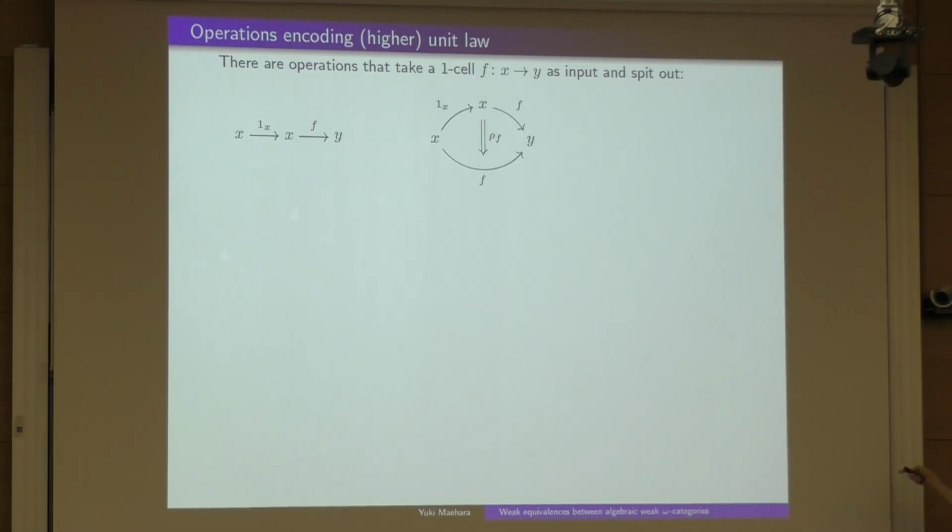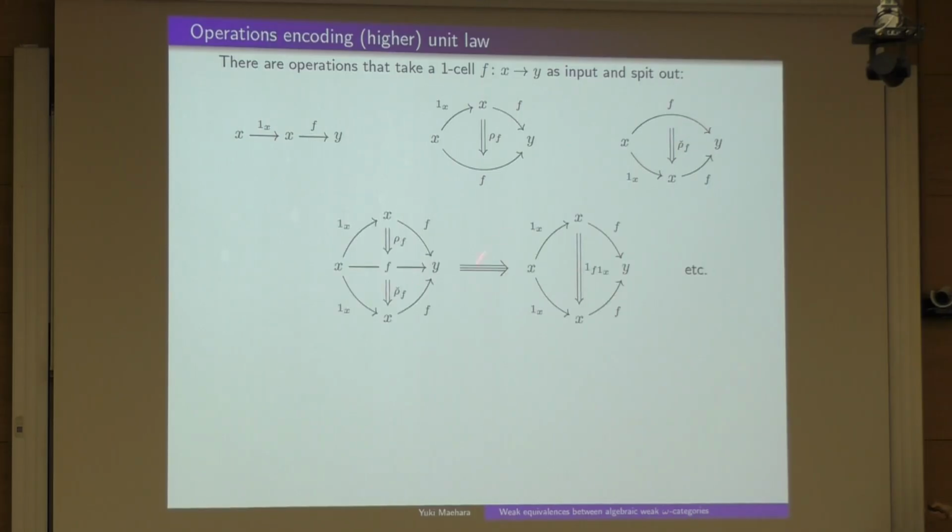And of course, you can get the thing pointing the other way, and you want this rho and what I'm calling rho check here to be somehow inverses to each other, and also you can witness that by an operation that takes an f and gives you back a three cell like this, which points from the composite of rho and rho check to the identity, and so on.